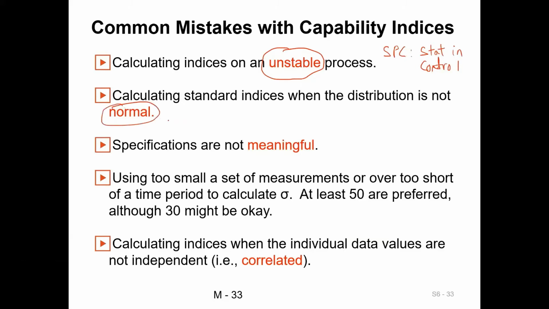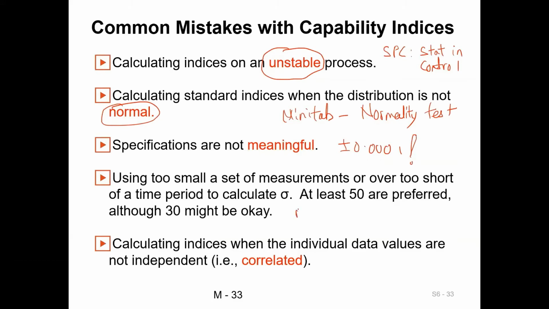You should have done it in your task 1, using Minitab to make sure that the data is normal. Third, specifications are not meaningful. The specification is too tight, too small, or the specification is too big. For example, too small, 0.01. No, look into the spec first, before people look into CP, CPK.